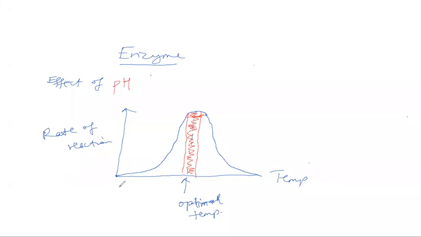As the pH increases, the activity will increase until it gets to a particular best range, the optimal pH, and then it begins to slow down and start going down.